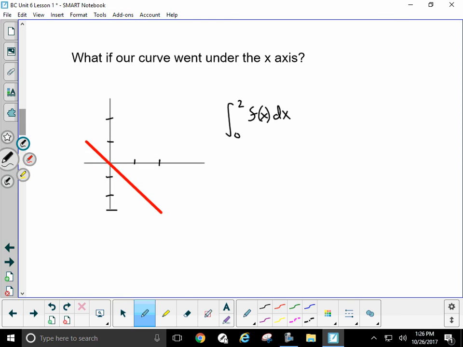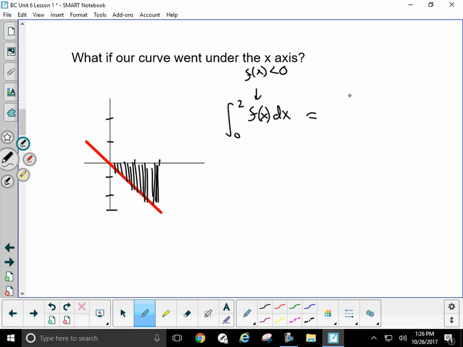Now we'll talk about this more in a little bit. But if our curve goes underneath the x-axis, these function values are negative. If I'm taking an infinite sum of negative function values times the width, well, this area, it's a triangle, 1/2 base times height.